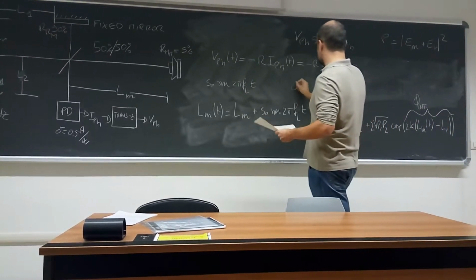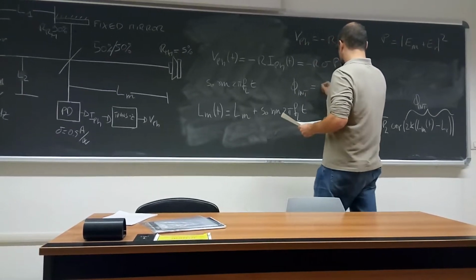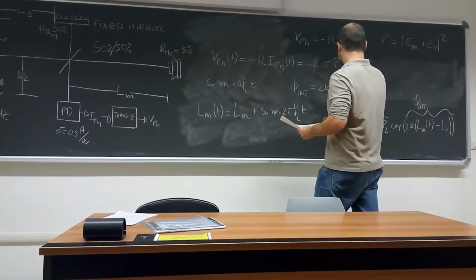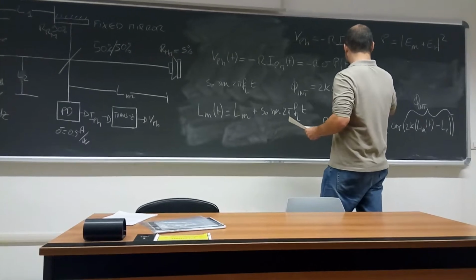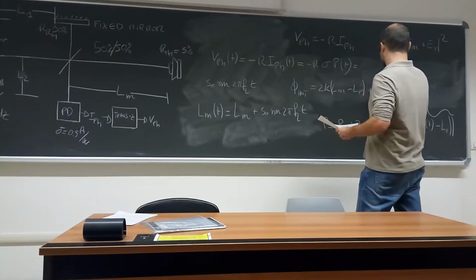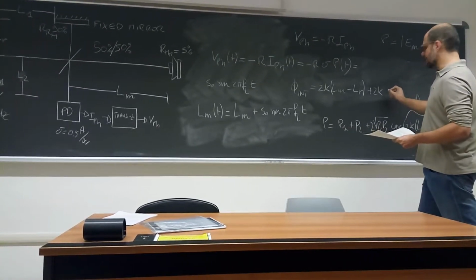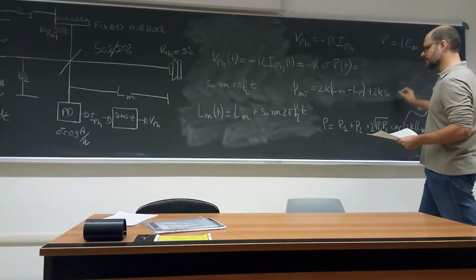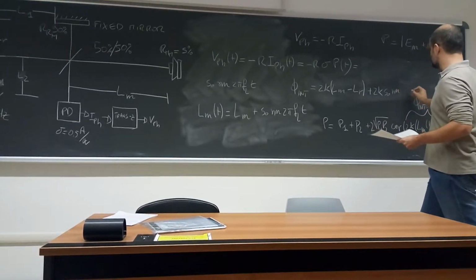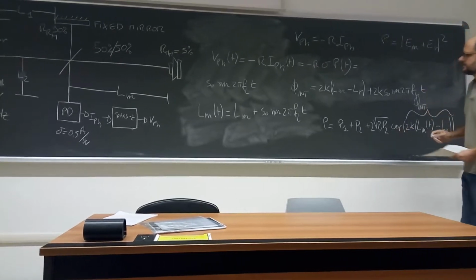And then what we have? 2k (Lm minus Lr) plus 2k multiplied by S0 sin 2 pi f_loudspeaker t.